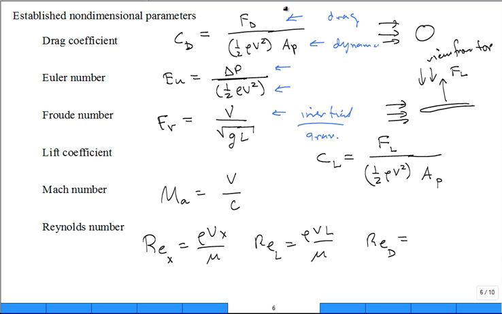It typically is put as a subscript to indicate what that length dimension is for the Reynolds number. And the Reynolds number can be interpreted as a ratio of inertial to viscous forces. Inertial to viscous forces.